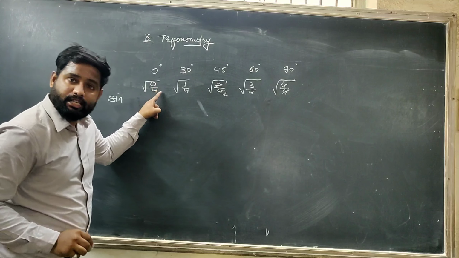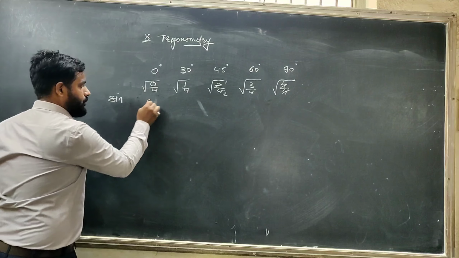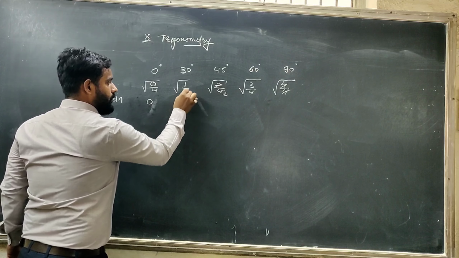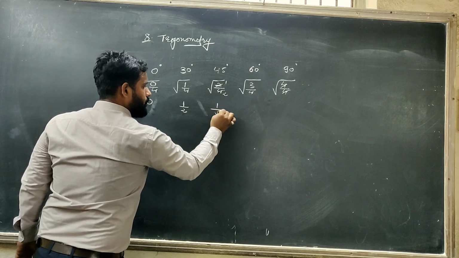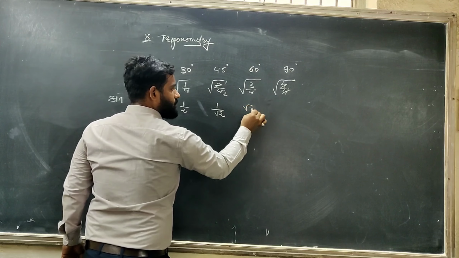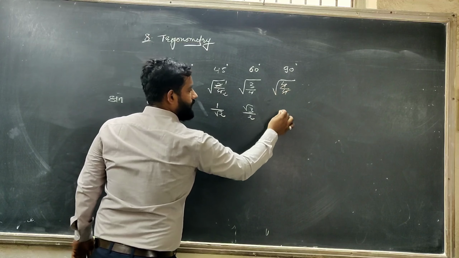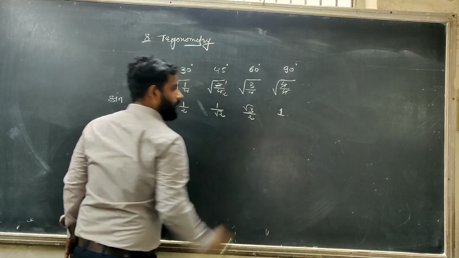Like 0 by 4 is 0, square root of 0 will give you 0, square root of 1 by 4 is 1 by 2, square root of 2 by 4 is 1 by root 2, square root of 3 by 4 is root 3 by 2, and 4 by 4 is 1, and square root of 1 is 1. Right?